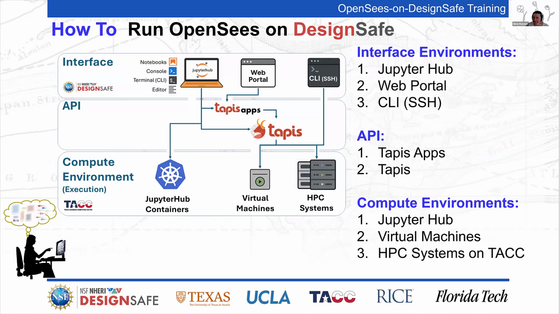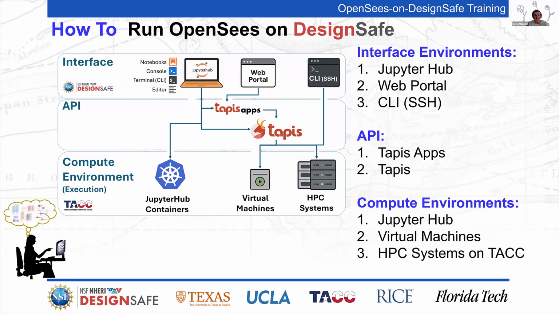Instead, you're doing it by hand, even if you're just running a batch script. And Tapis makes that much easier for you. Most importantly, it's just loading up files to the right place and submitting jobs to TACC and to this project. And so those are the three different interface environments, the different ways that you as a user communicate, and that's what you see on your screen, let's say.